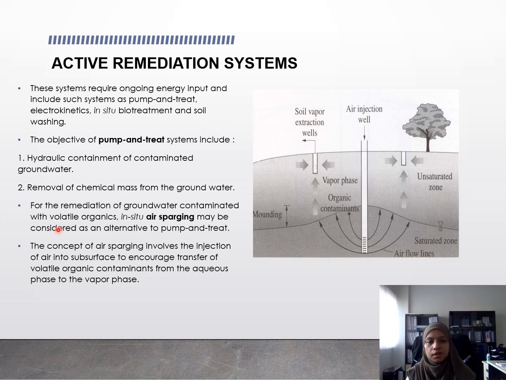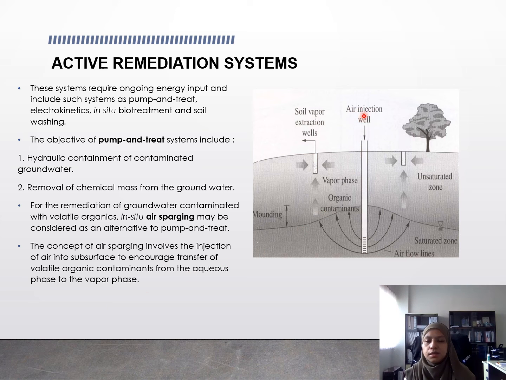What are volatile organics? They are micropollutants. In situ air sparging may be considered as an alternative to pump and treat. So the contaminants are usually too volatile, so they use air sparging. The concept of sparging involves the injection of air into the subsurface to increase transfer of volatile organics from the aqueous phase to the vapor phase. This is one of the treatments.